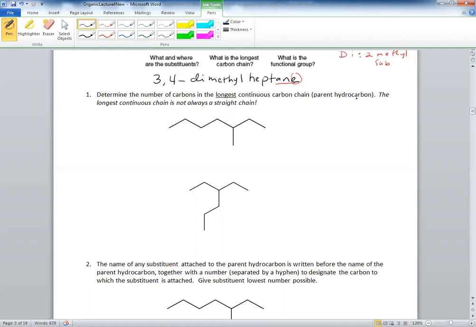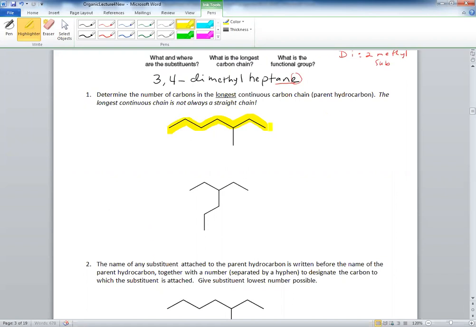It says, determine the number of carbons in the longest continuous carbon chain. Remember, we're naming acyclic alkanes now, and this is the parent hydrocarbon. So for alkanes, you want to start by determining the number of the carbons in the longest chain. So if we look at this, we see that this is the longest chain.